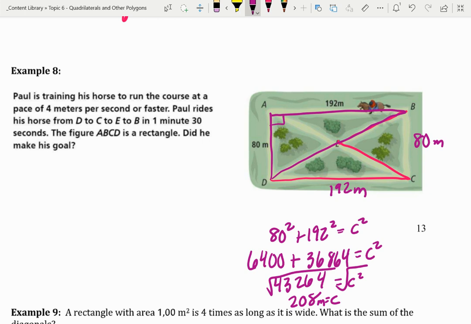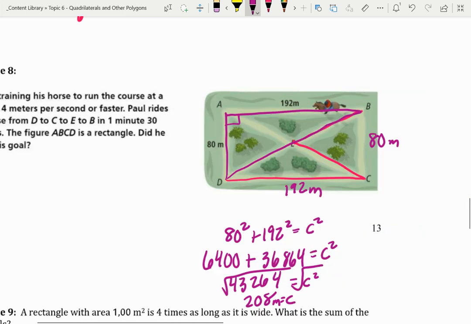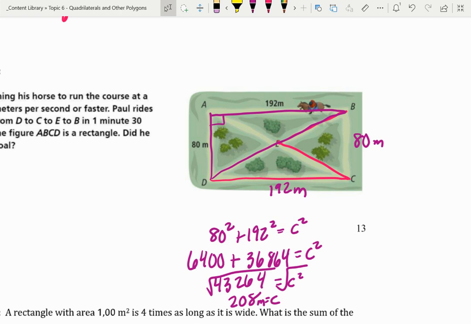So with that being said, we know that it is bisected. So this side over here is 104. This is 104. Let's put it on this side. 104, 104. This side's 208.